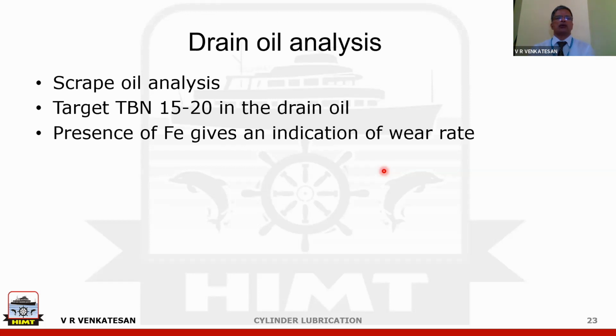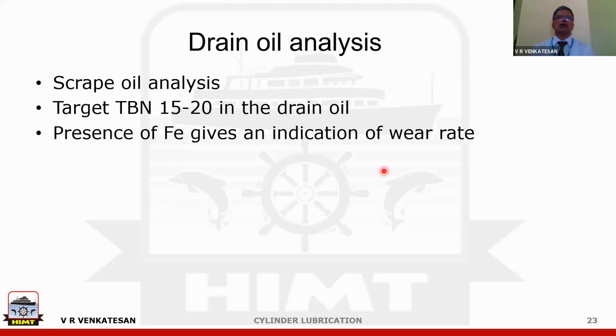And if you calculate the total distance the piston ring would have traveled, you will be surprised by the result you get. Any of you can sit and do this calculation in your own time. You know the RPM of your engine, you know the stroke of your engine, and you know the running hours of the engine.